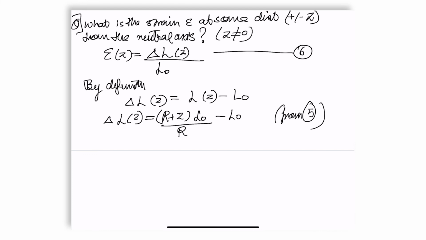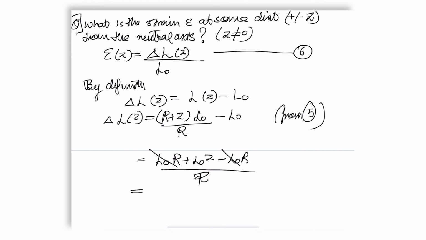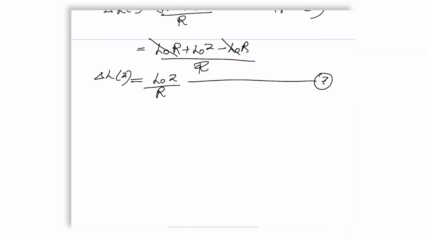Simplifying, we end up with L naught R plus L naught Z minus L naught R whole divided by R. These two are identical terms, they cancel out, and we are left with L naught Z upon R equal to delta L Z. This is equation 7.